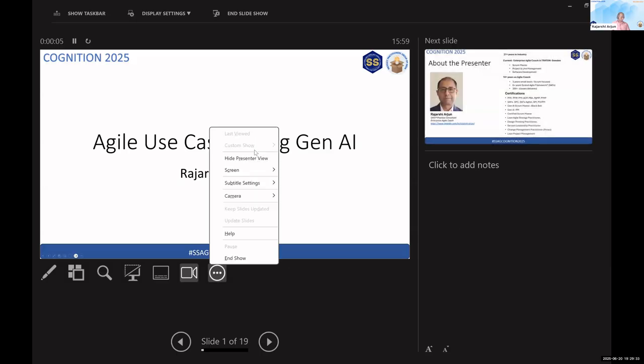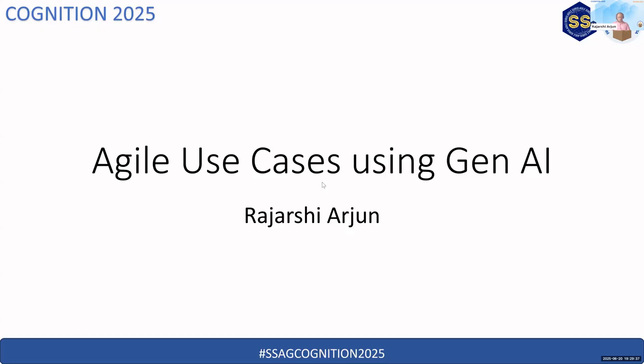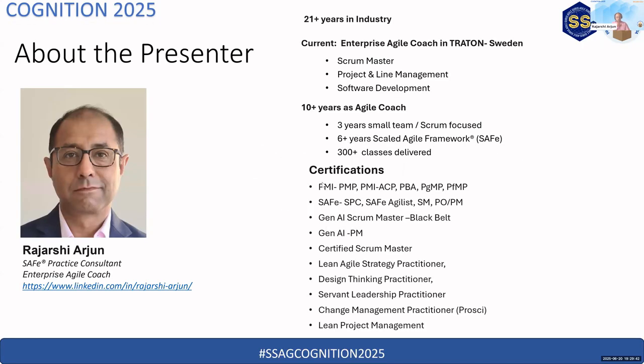I have around 20 plus years of experience in the industry. I work as an agile coach today with an automobile organization that is trying to implement agile ways of working in the hardware space, and I'm helping them get those agile ways of working set up.